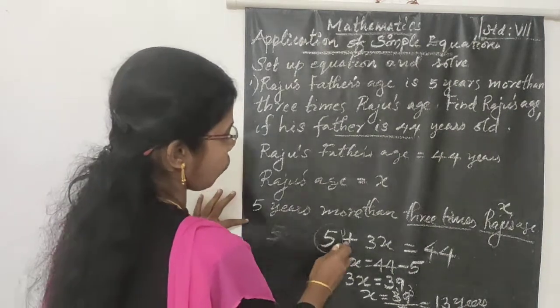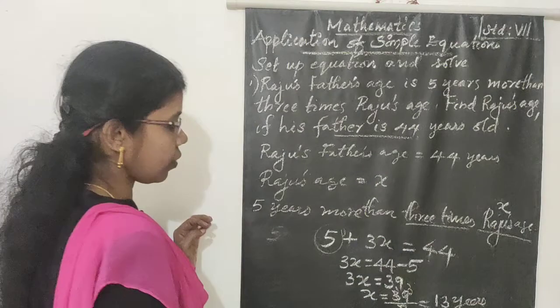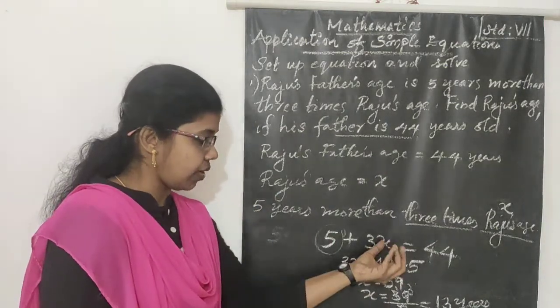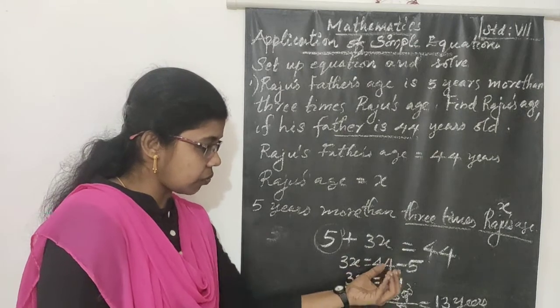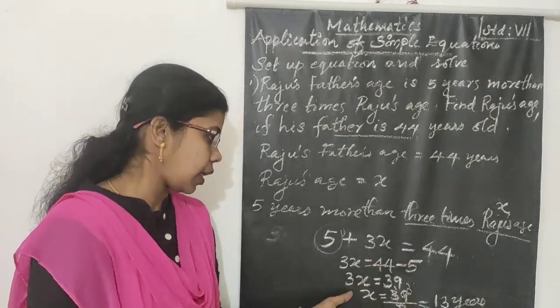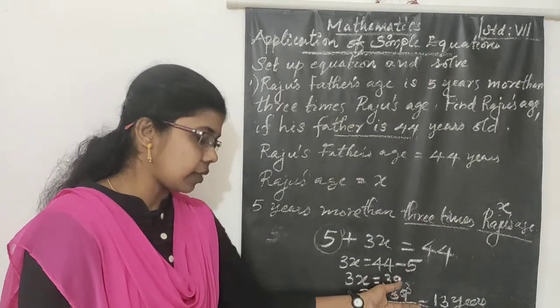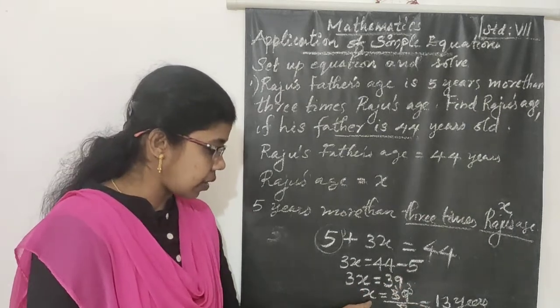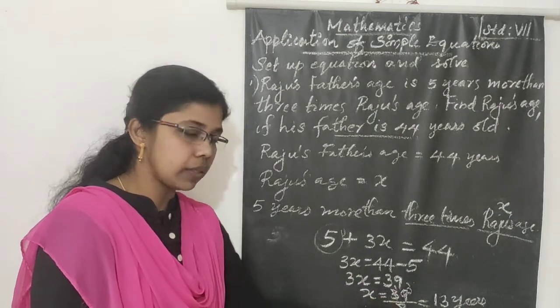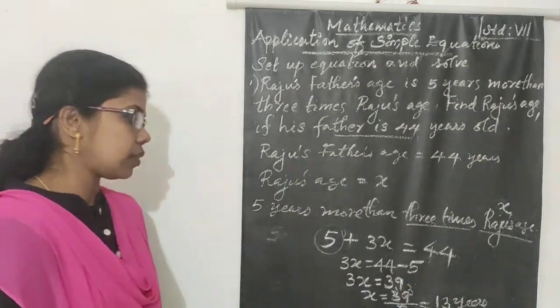Here we get 5 plus 3x equal to 44. Then solve. Solve means find the value of x. So 3x equal to 44 minus 5, transposing this 5 becomes minus 5. Then 3x equal to 39. Then x equal to 39 divided by 3, that is 13 years.